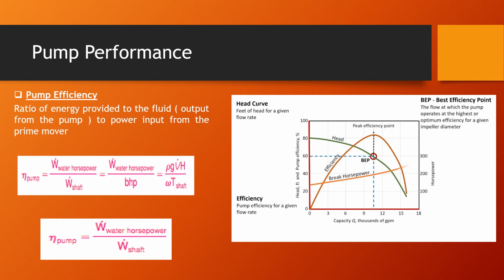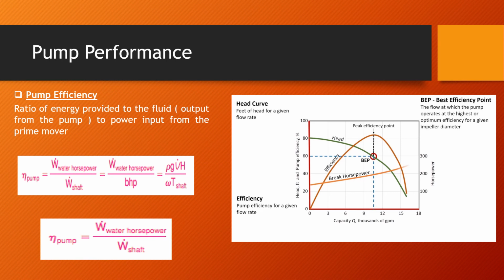So you can see the equation over there that the efficiency of the pump is basically the water horsepower divided by the shaft power, which is basically the volumetric flow rate of the discharged water times the head produced by the pump, divided by the rotational speed times the torque of the shaft.